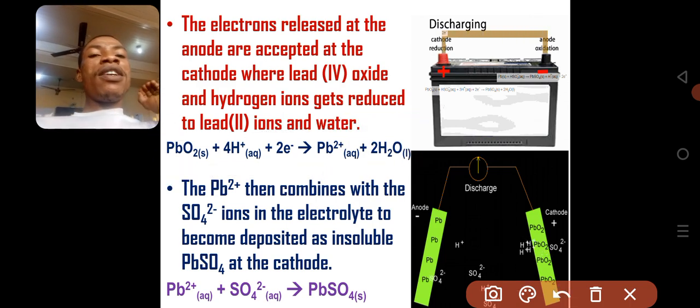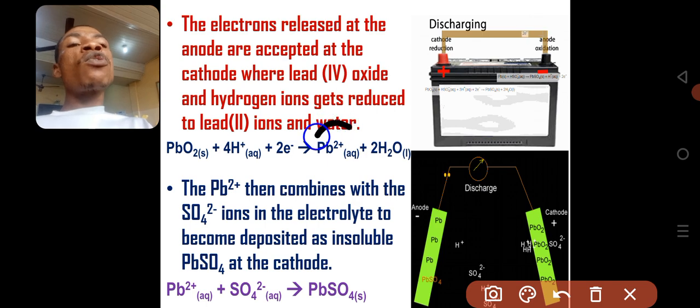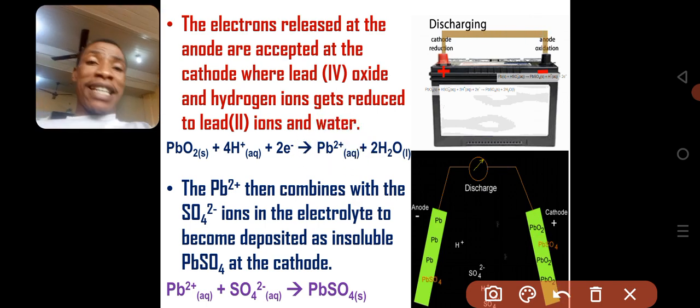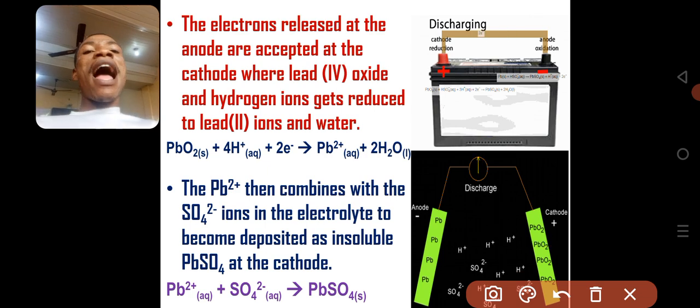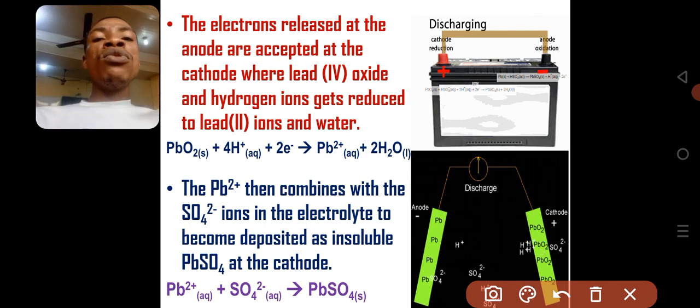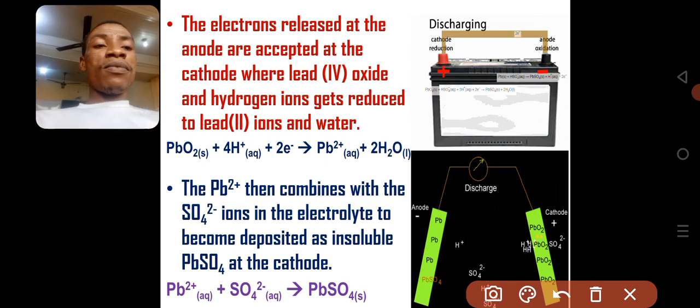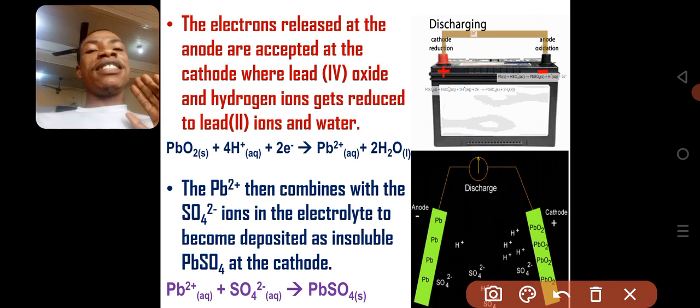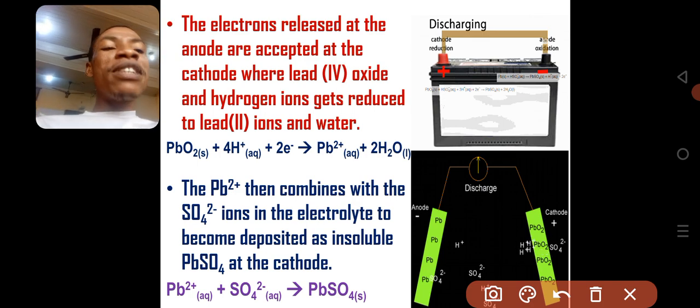Because lead-2 ion is also formed, it will also combine with the SO4 2- in the electrolyte and get deposited as a solid, or if you like, as an insoluble salt on the cathode. So don't forget now, a white substance is covering the anode already. Another white substance is now covering the cathode.